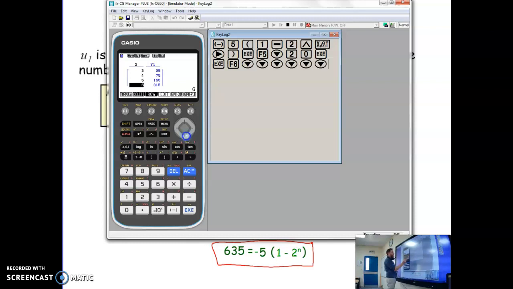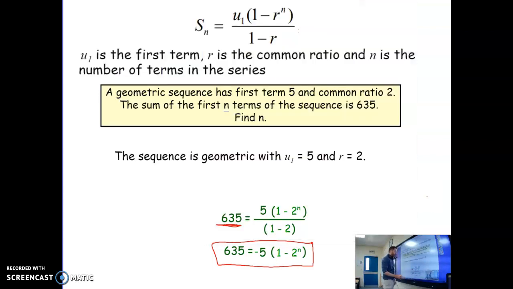So as I scroll down, have I got 635? There it is. The 7th term is where we get 635. And so my answer is that n equals 7. The sum of the first 7 terms is 635.